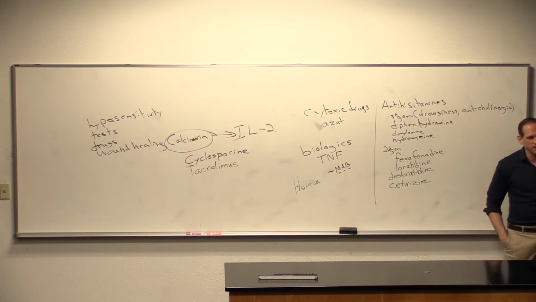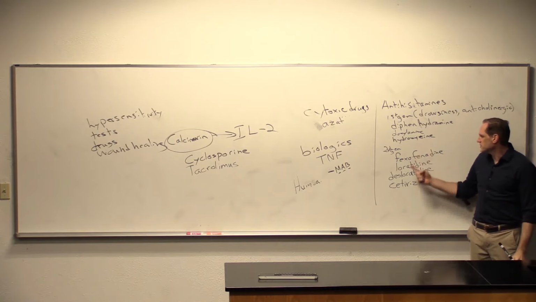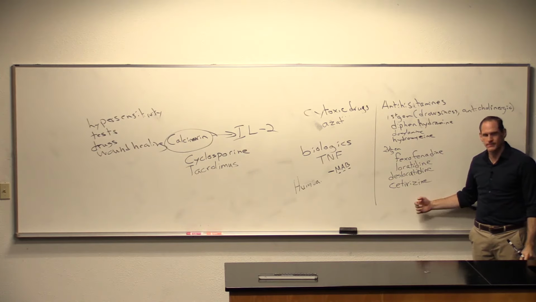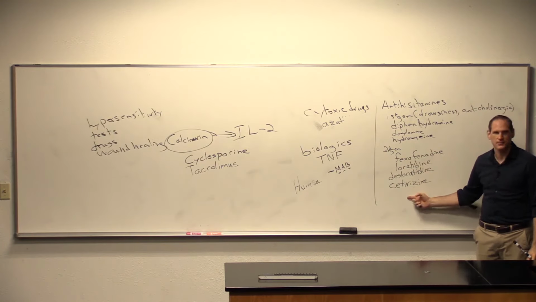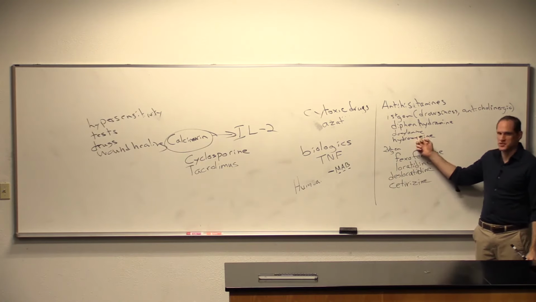Now, want to know something fun about Zyrtec? Hydroxyzine turns into Zyrtec in your body. What does that make cetirizine? Active metabolite. So hydroxyzine is the prodrug of cetirizine. Now, cetirizine has much less drowsiness than hydroxyzine.